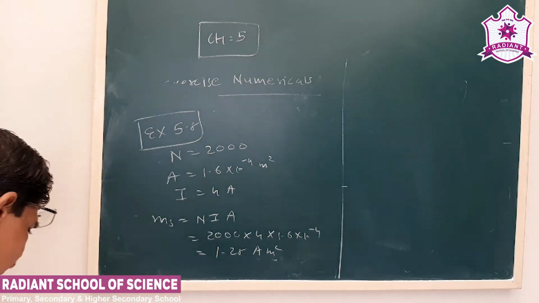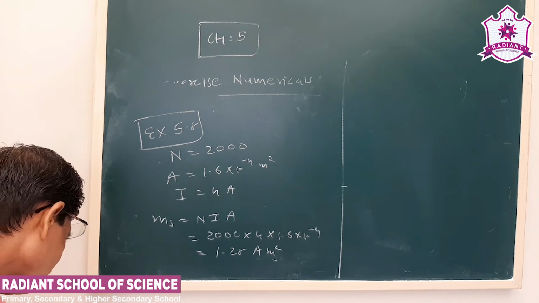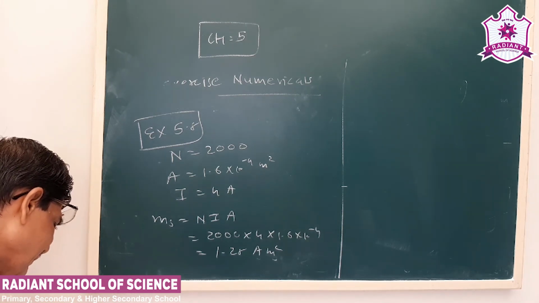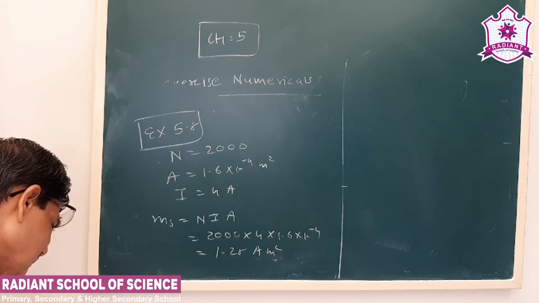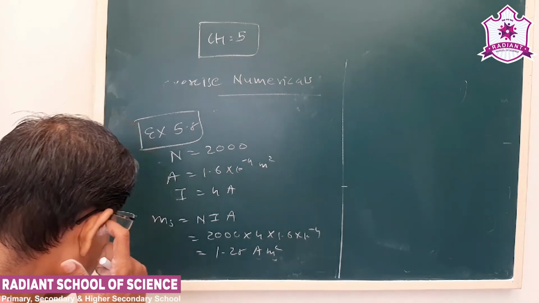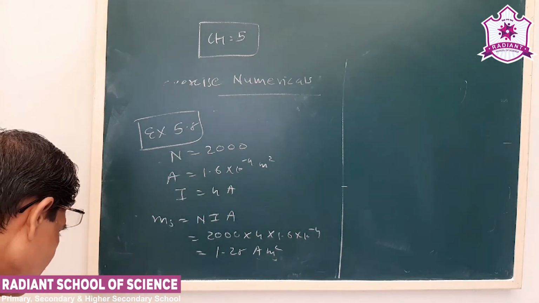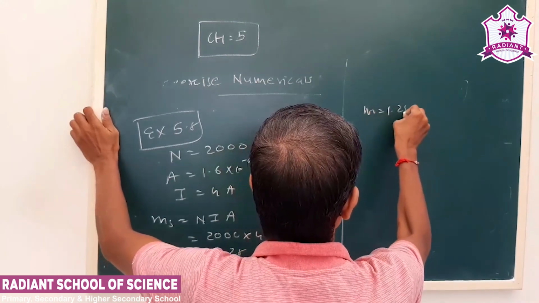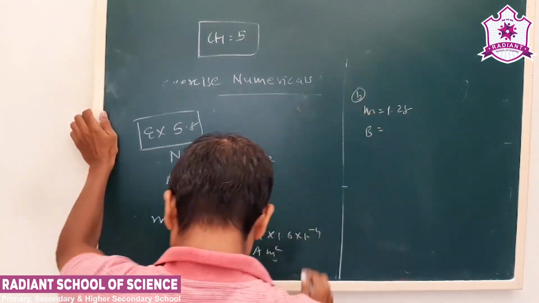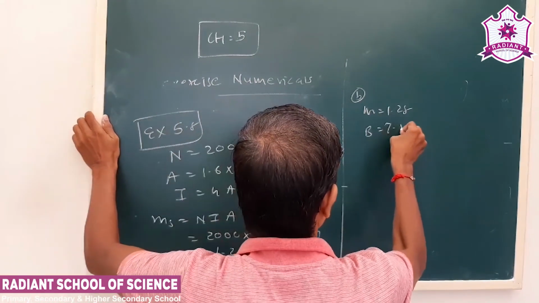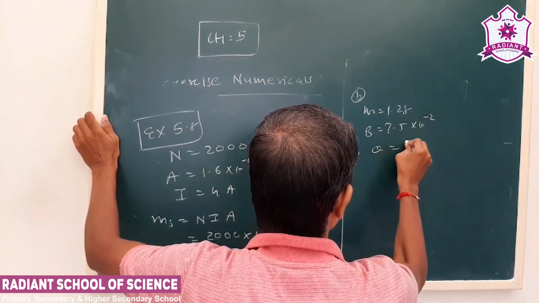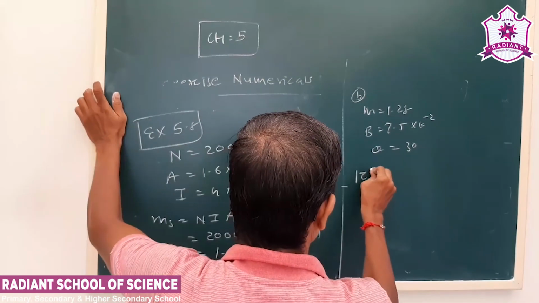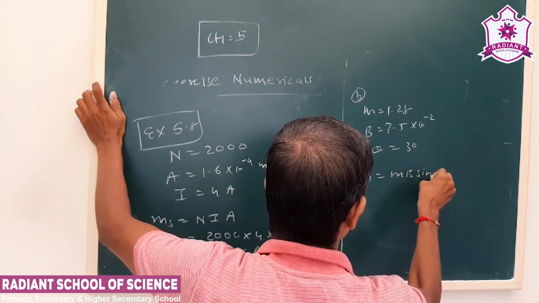That is 1.28 ampere meter square. Now second part, what is the force and the torque if a horizontal magnetic field of 7.5 into 10 to the minus 2 Tesla is set up at an angle of 30 degrees? That is part B. m is 1.28, b is 7.5 into 10 to the minus 2, theta is 30 degrees. So the magnitude of the torque is m b sin theta.